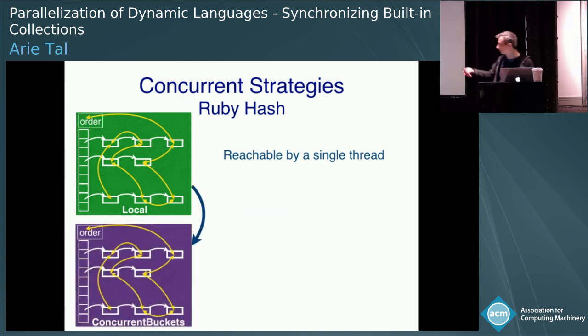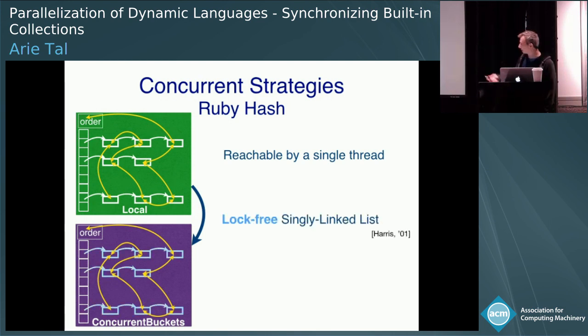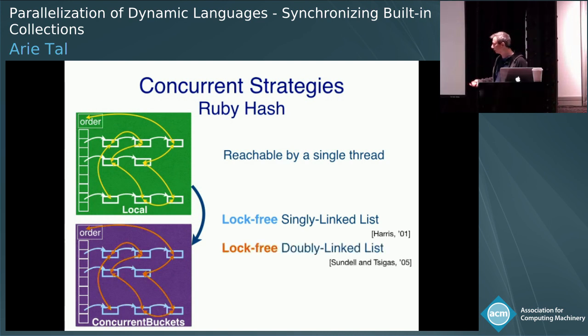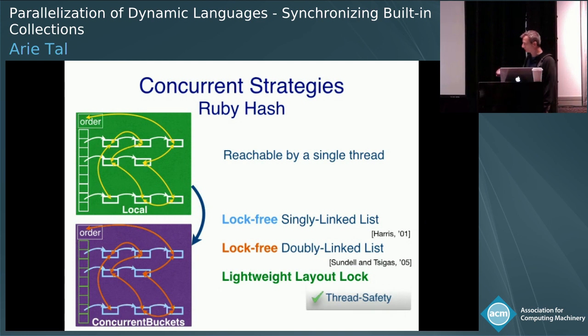But as soon as we switch to shared, we switch to a concurrent bucket strategy, where we use a lock-free singly linked list for the buckets themselves, a lock-free doubly linked list for the insertion order, and a lightweight lock for the bucket array itself in terms of resize. And that's how we provide thread safety for the hash.